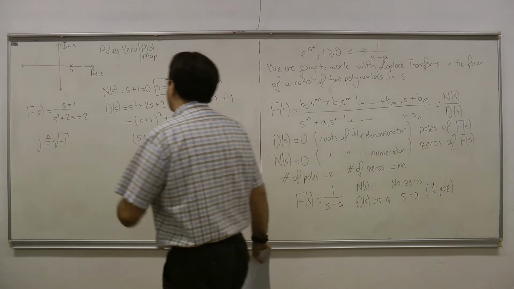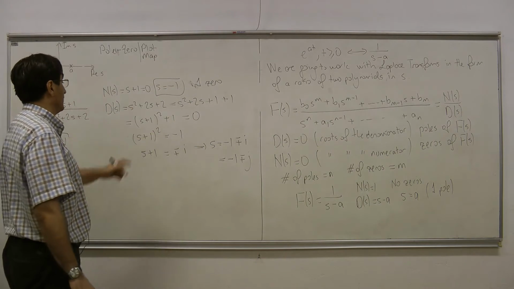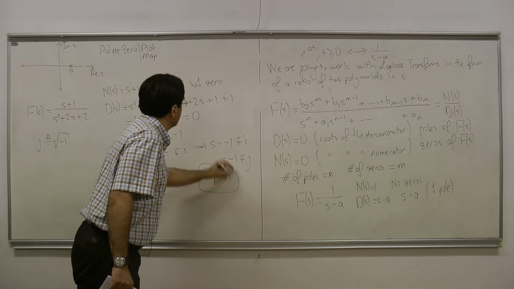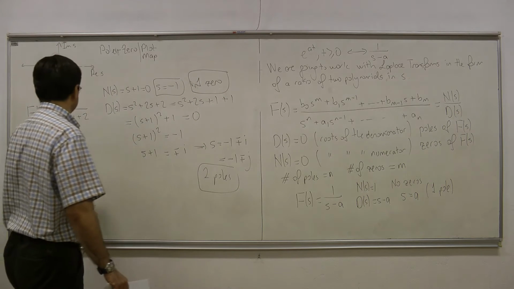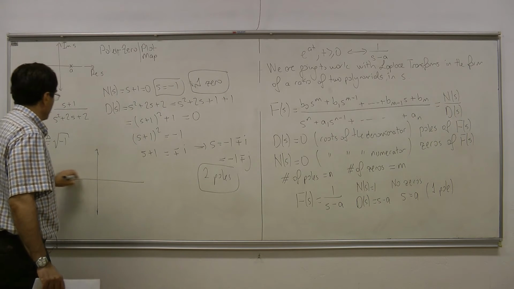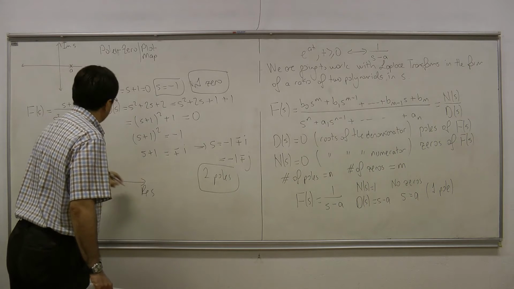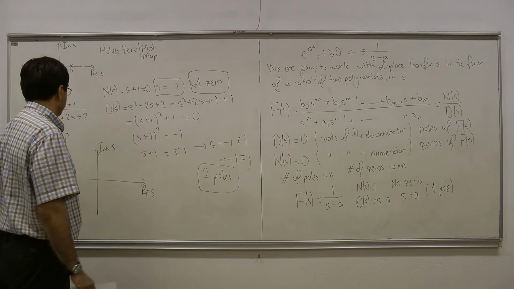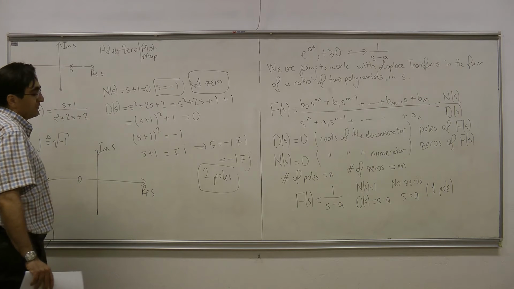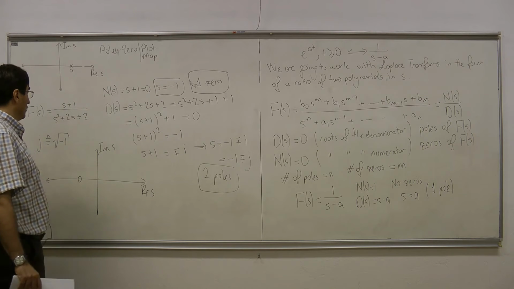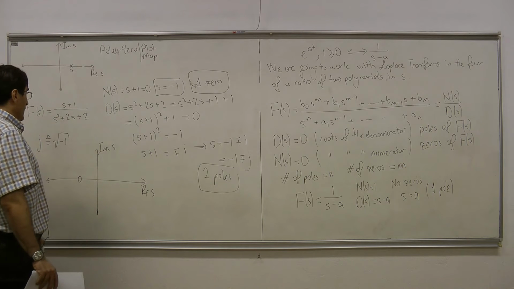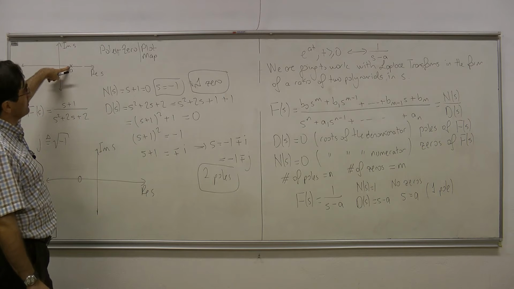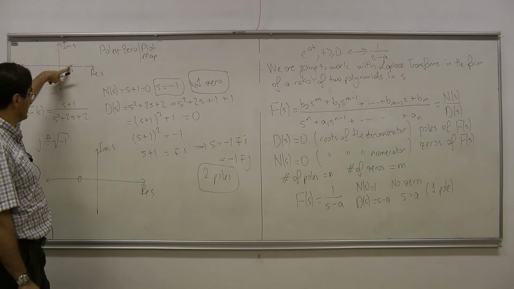So here, let us make a pole zero map of this transfer function. So I have, in this case, 2 poles here, and I have 1 zero. So this is my complex plane, and my single zero is at s equals minus 1. We show the zeros with the letter O, just a small circle, and we show the poles with cross signs like this, as I did in the previous example.